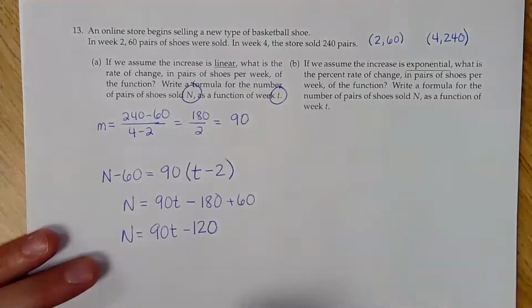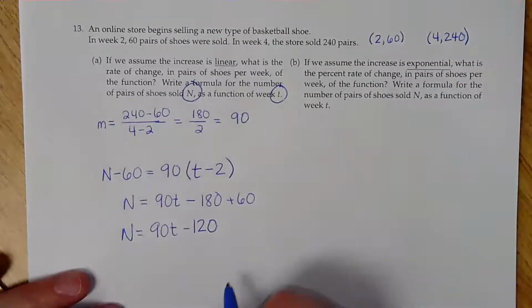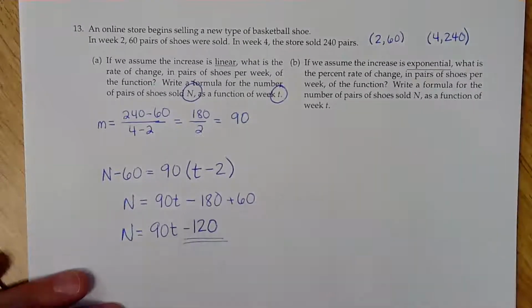Okay. So this seems a little bit odd because it's saying in week 0, I sold negative 120 pairs of shoes. So that could be represented as we got 120 pairs of shoes into the store and they're sitting on the shelves ready to sell, but we haven't sold them yet. Or it could be just complete rubbish.